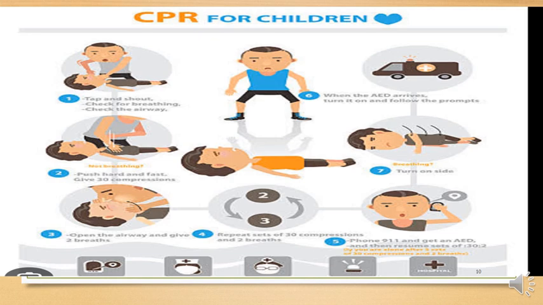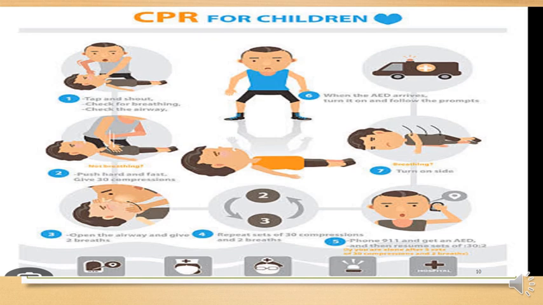Then number 1, tap and shout, check for breathing, check the airway. Then 2, push hard and fast, give 30 compressions. Then 3, open the airway and give 2 breaths. Then 4, repeat the set of 30 compressions and 2 breaths again.